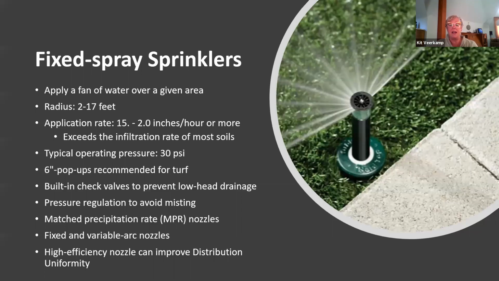A good head has a built-in check valve to prevent low head drainage, because when these systems go off, water ends up draining out the low head. As long as they have these built-in check valves, you're not losing that water. It's just trapped in the pipes, and next time the system comes on, it's utilizing that water instead of losing it to low head drainage.